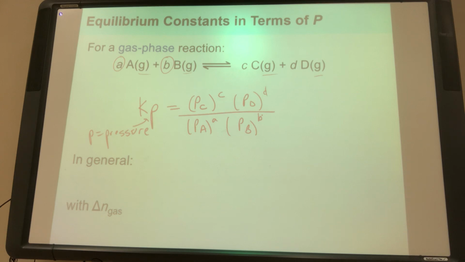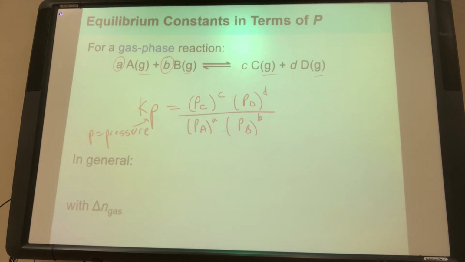So it's the same, besides that it's P instead of Kc, and it's not brackets, it's parentheses, because brackets mean concentration. So just parentheses, and we're talking about pressure, but it's still of whatever the products and the reactants are, and then their coefficients. So C, D, A, and B.